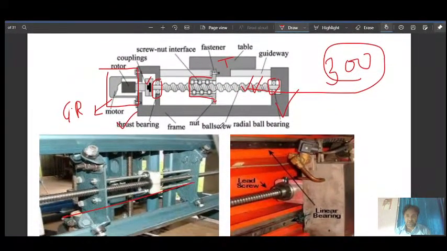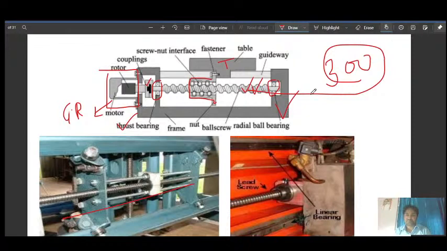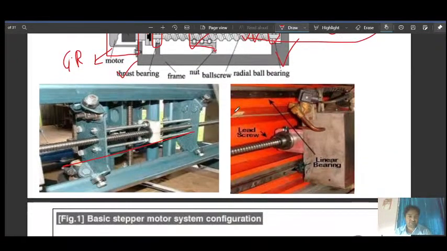Now you see again, this one is the guideways on which the screw and table slide and move. As you can see, this is the lead screw, and here the mounting.